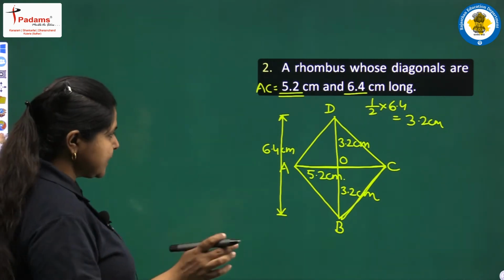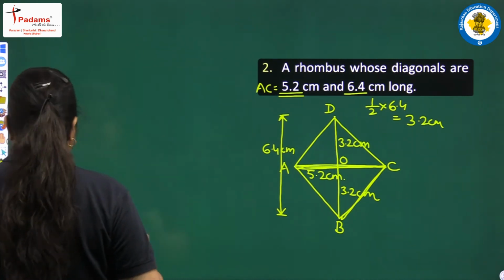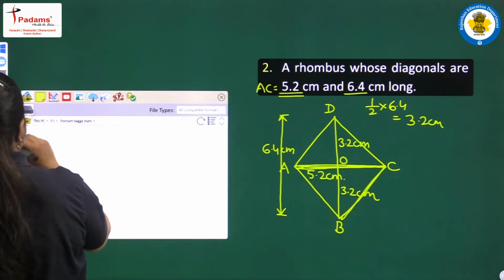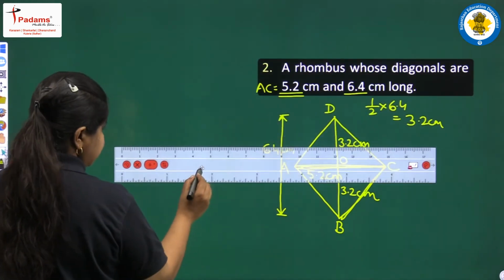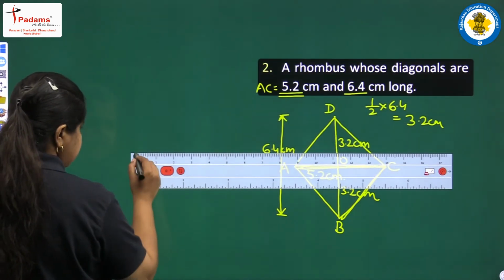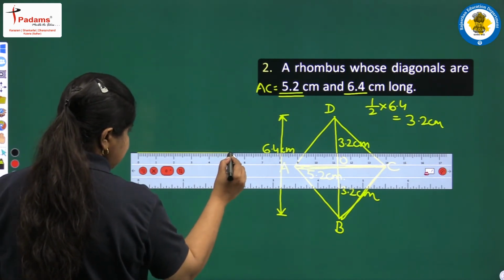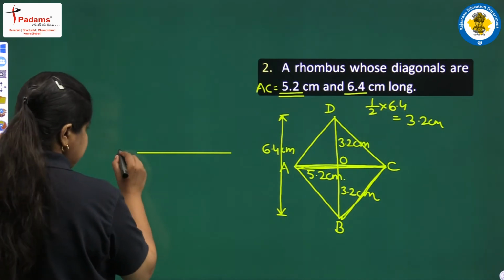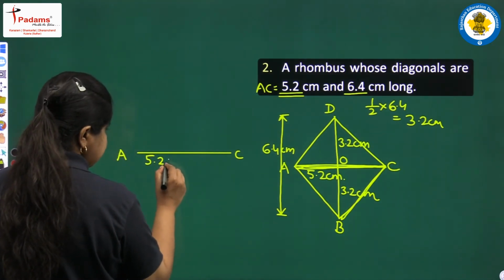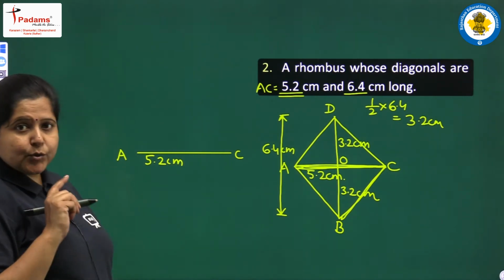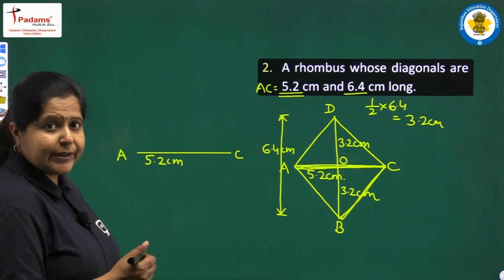Now we will start the construction with this line segment AC 5.2 centimeters long. We keep the scale here, and starting from here we have this side as 5.2 centimeter long, AC, 5.2 centimeter. Next we need to construct its perpendicular bisector, and we discussed it in this video itself.